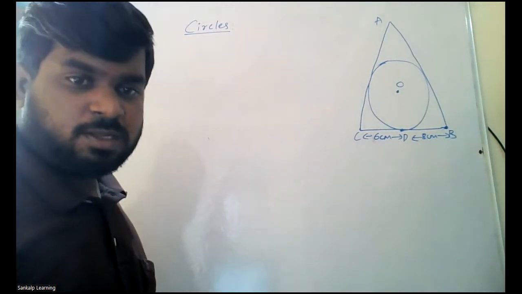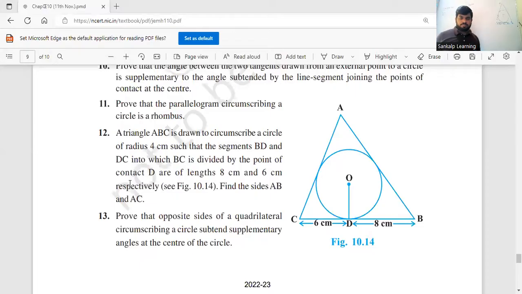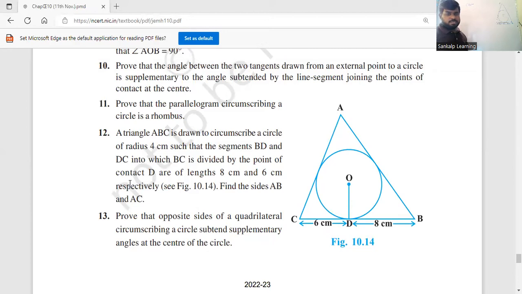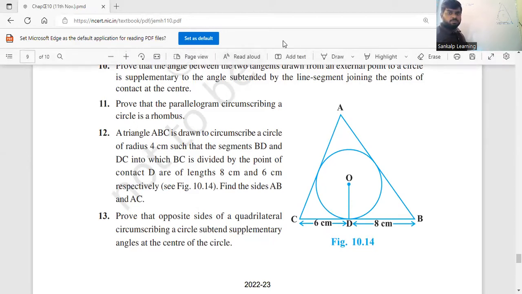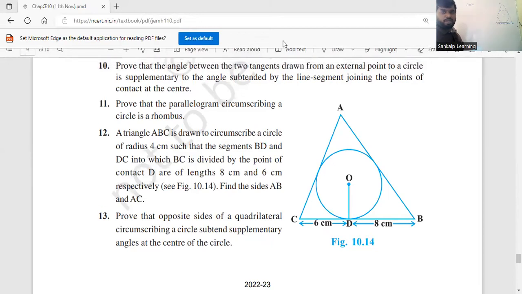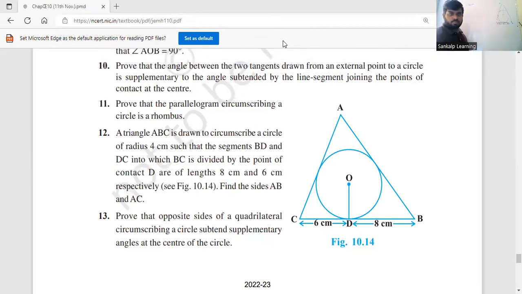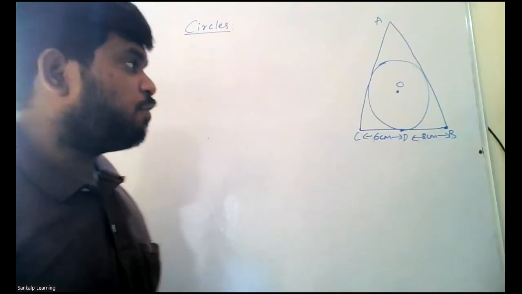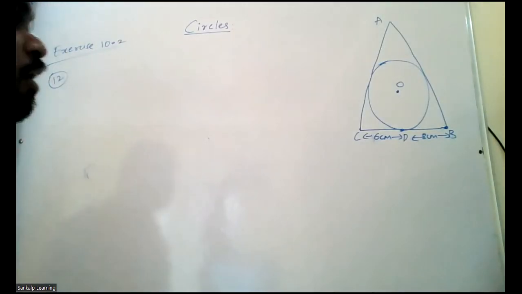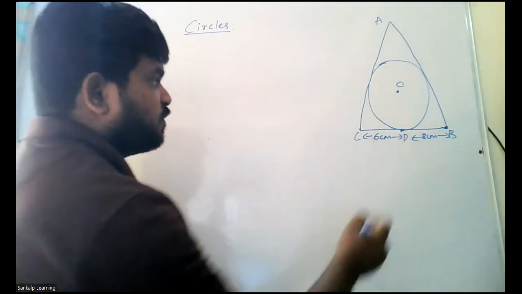Let's confirm it once. Yeah. A, B, C, D. Exactly correct. 8 centimeter and 6 centimeter. Okay. We have to find the value of AB and AC. Sorry, AB and AC. Isn't it? That's what we have to find. Okay. This is joined.